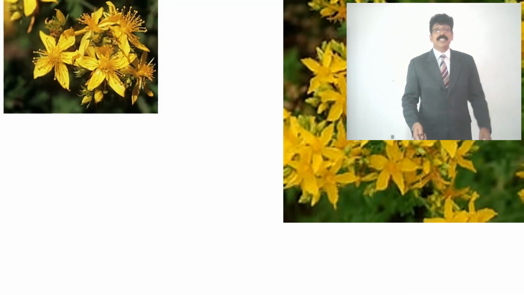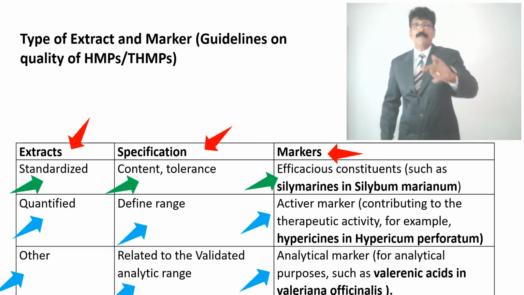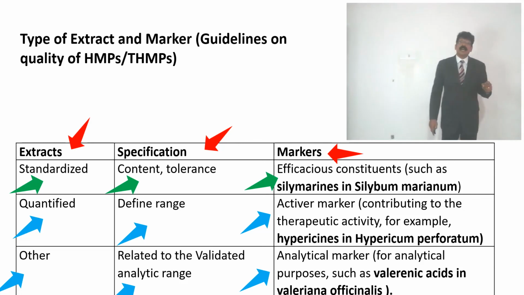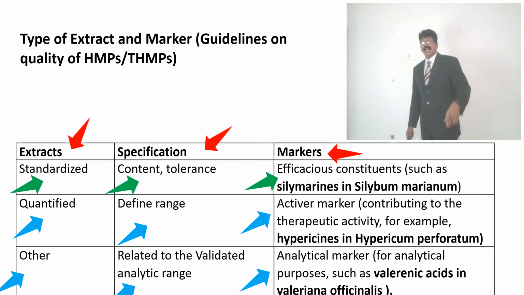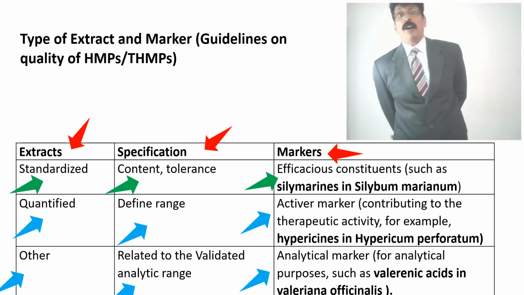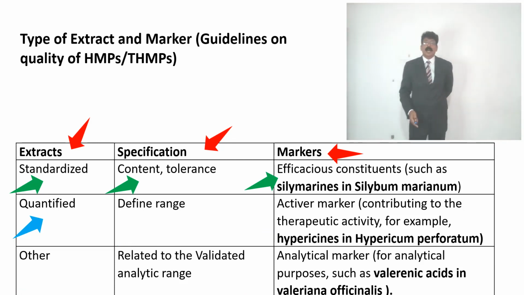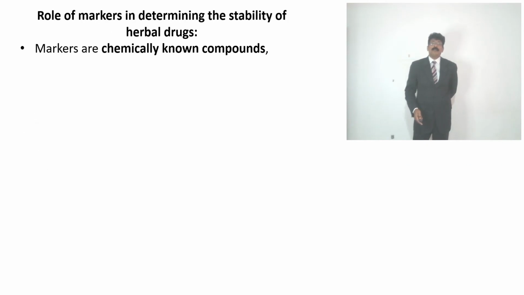These 3 examples which I have given are from the guidelines on markers, types of extract, and quality for herbal medicinal preparations and traditional herbal medicinal products.